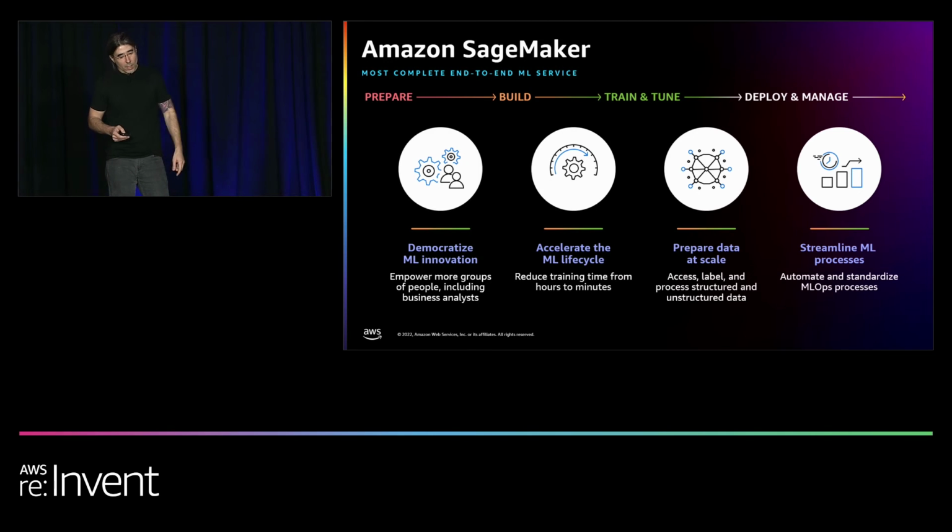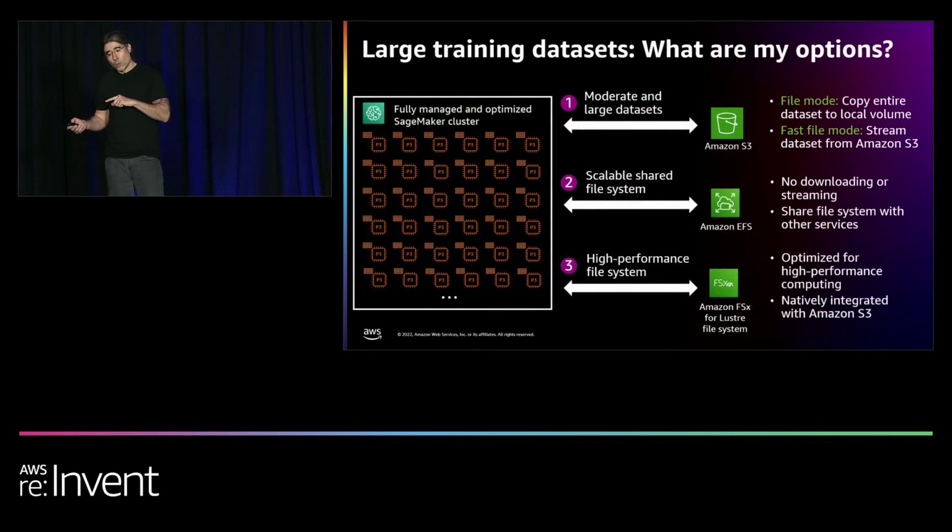Then when you talk about distributed training on SageMaker, you also need to pay attention to the way you save your model and the way SageMaker will copy the data set from S3 to the hosts. There are a few modes that you can use.